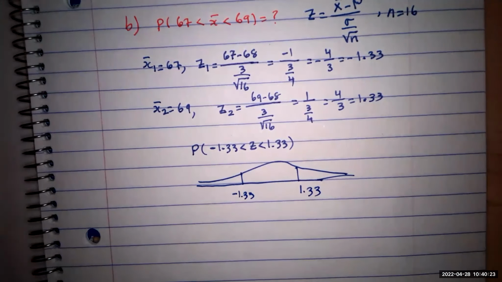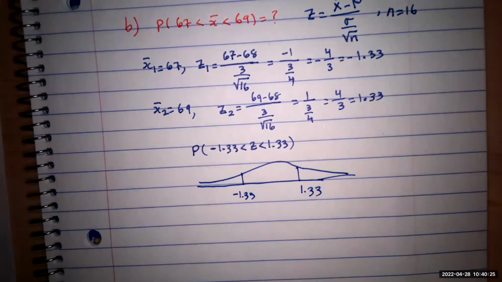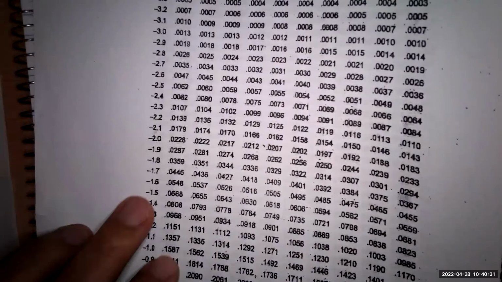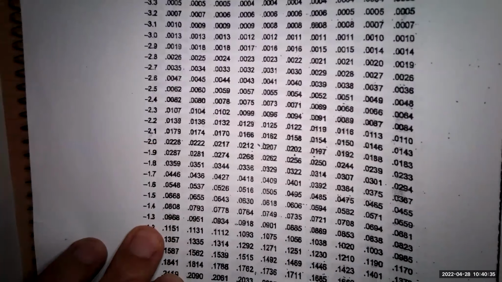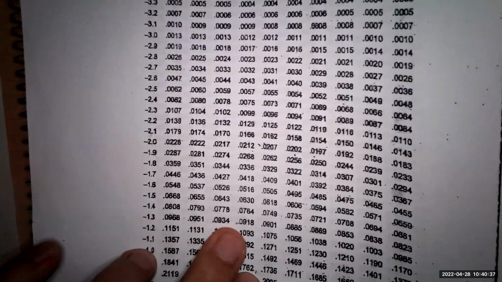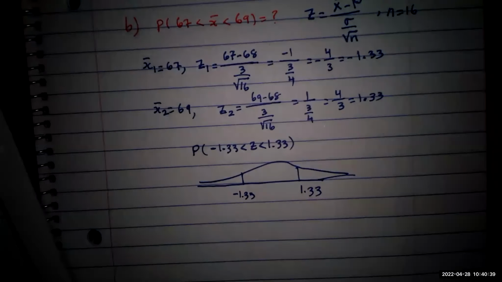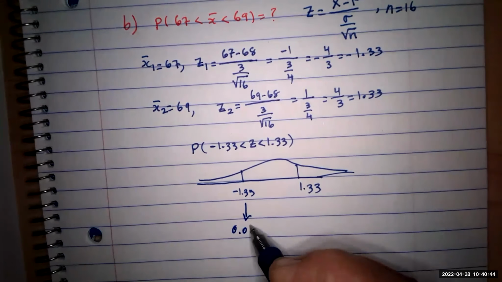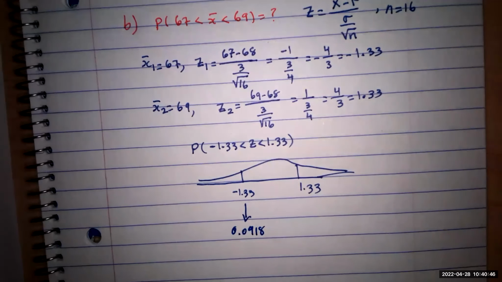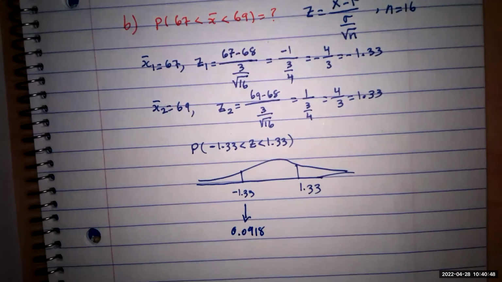Go to the table and you find these numbers. For the Z table, negative 1.33, this is negative 1.3, okay, 0, 1, 2, 3, 0.0918. That is for negative 1.33.